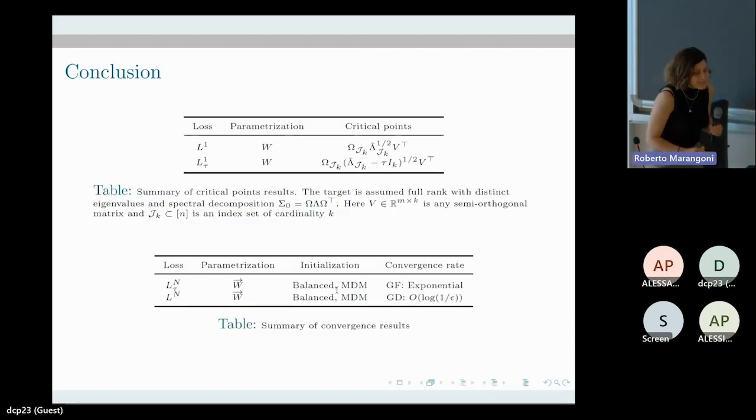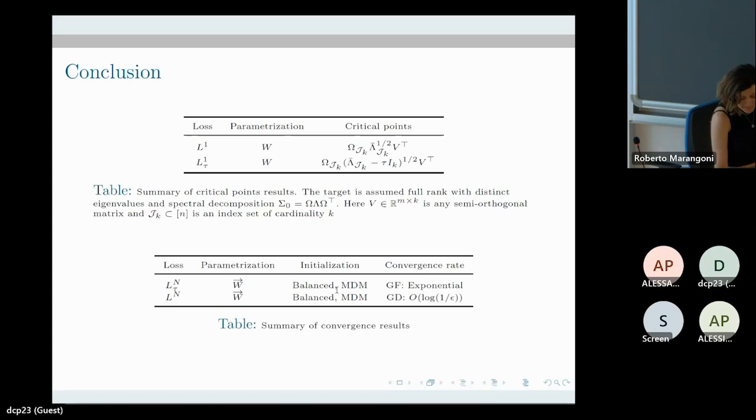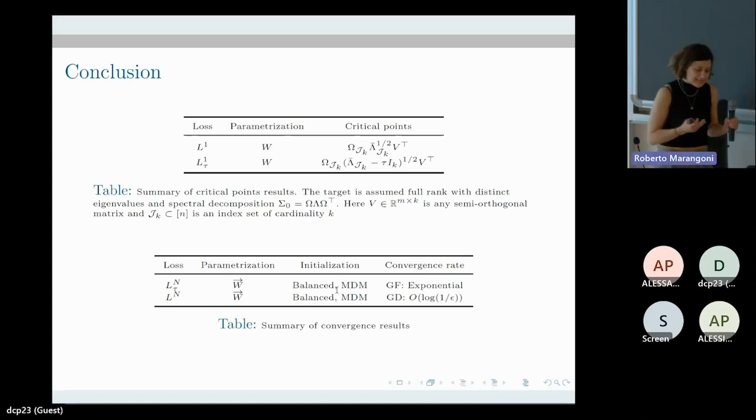Finally, here we have the results for the convergence. If we have balanced weights and this modified efficiency margin, we see that for the gradient flow we have an exponential rate, and for gradient descent we achieve accuracy epsilon in log 1 over epsilon iterations.